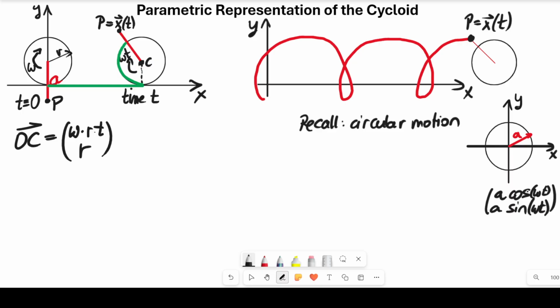And this representation is counterclockwise, mathematically positive.